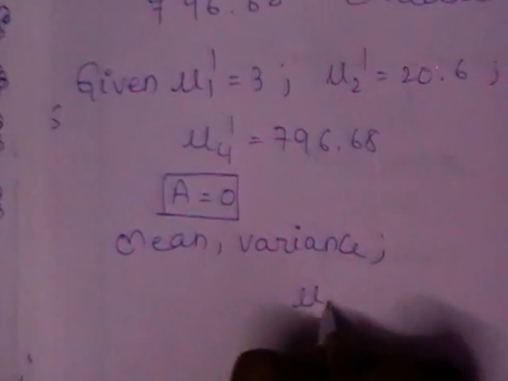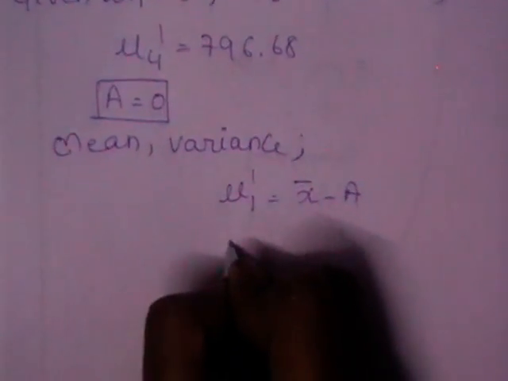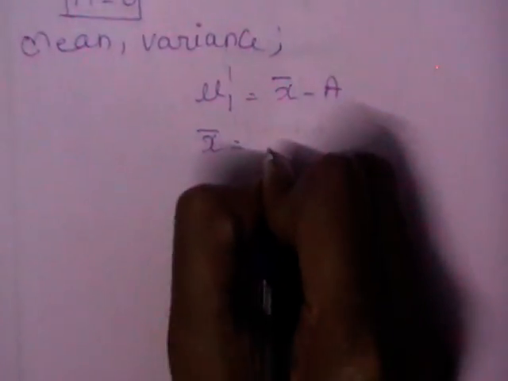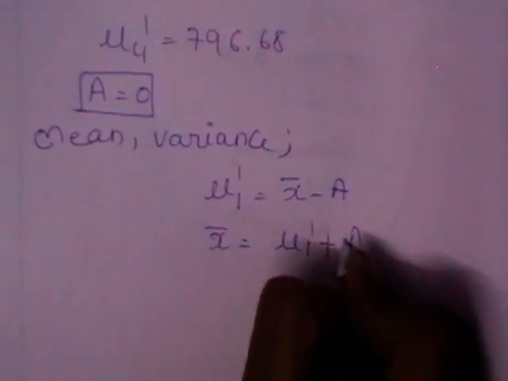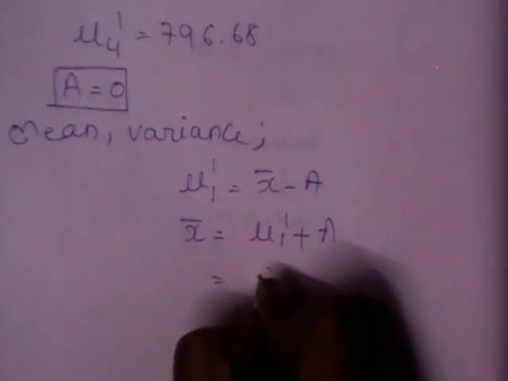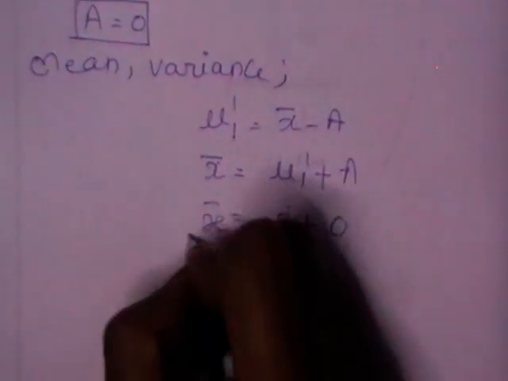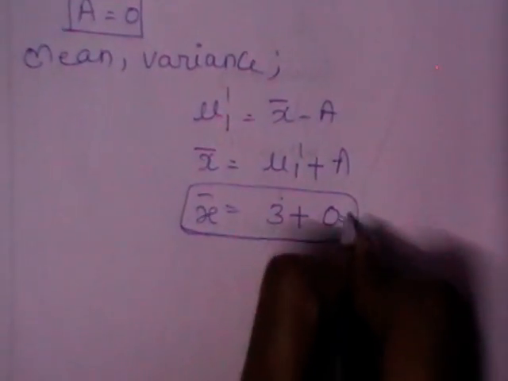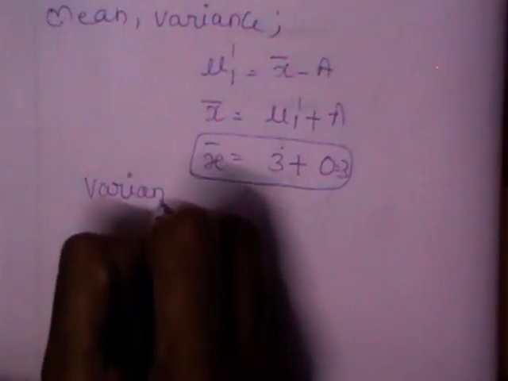You know that mu1 dash is x bar minus A. Here x bar is the mean. So x bar is equal to mu1 dash plus A, which is 3 plus 0, as the origin is 0. So x bar is 3. Next you need to calculate variance.